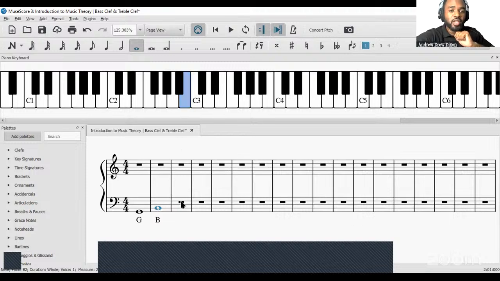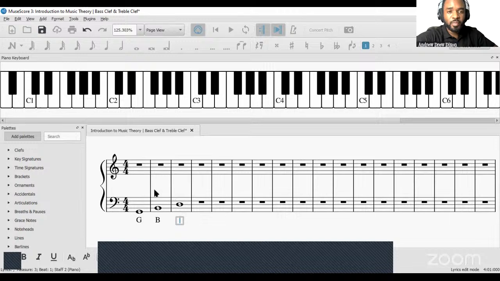Now, what if the note is sitting on the third line? If the note is sitting on the third line, then we say that note is D. Okay? D as in donkey. What if the note is sitting on the fourth line? What do we call that note?